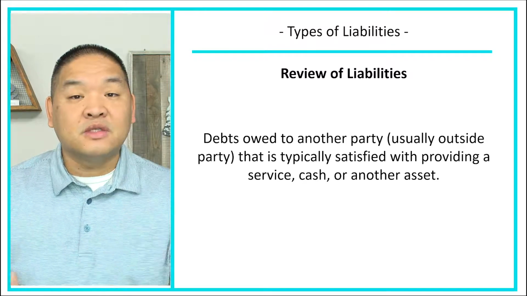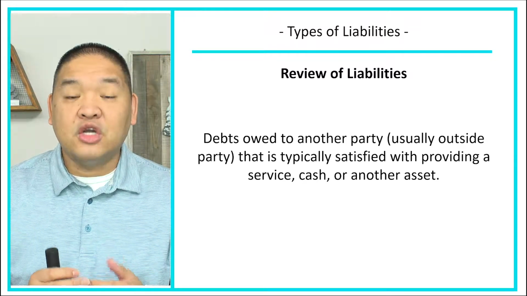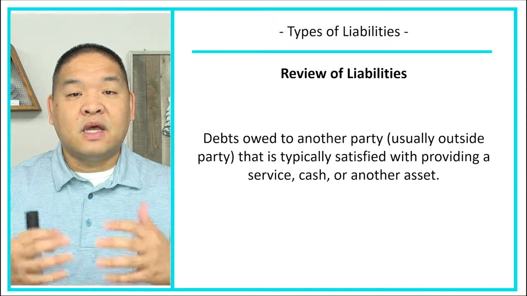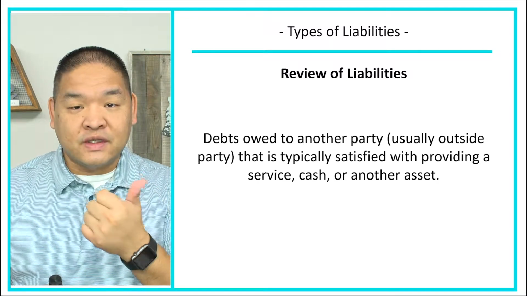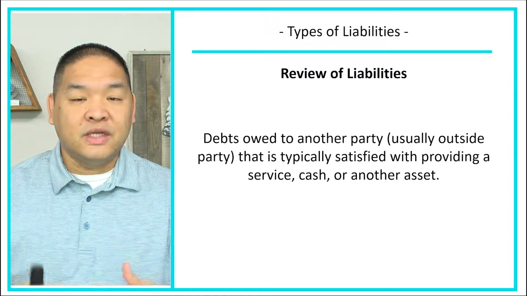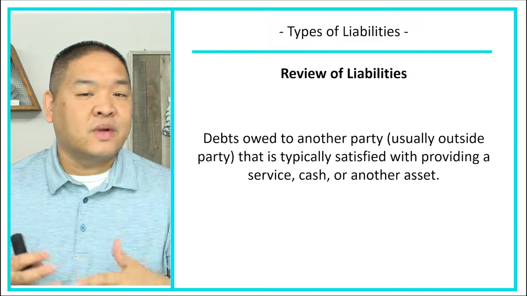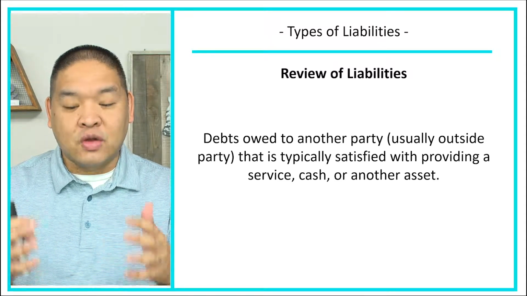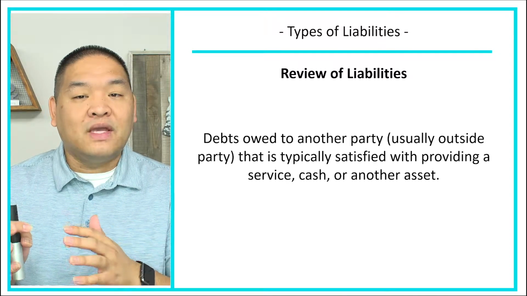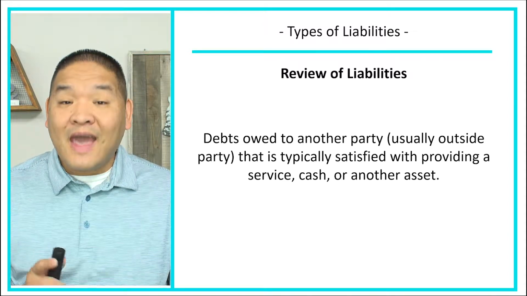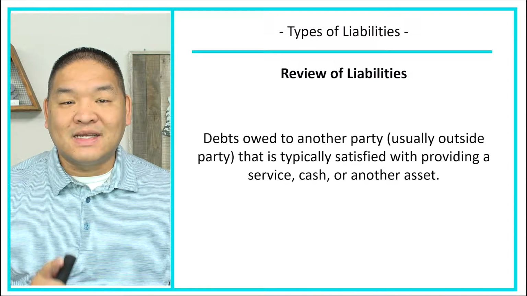But in the business world, it's a little bit more than that. It could be that we owe money to someone else. It could also be that someone has prepaid for services or product, and we will need to pay them in the form of a service or product. So we're not necessarily paying in cash. That is also how we can extinguish a liability. Not all liabilities are extinguished with cash in a business setting.